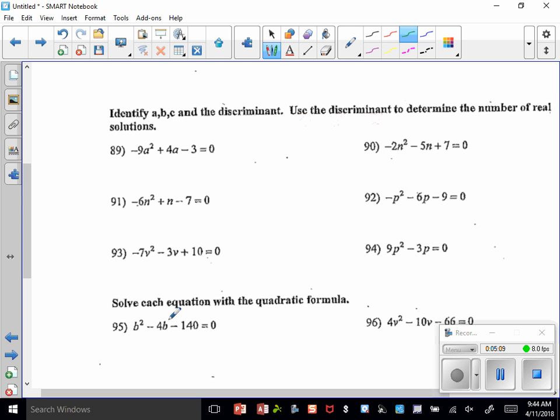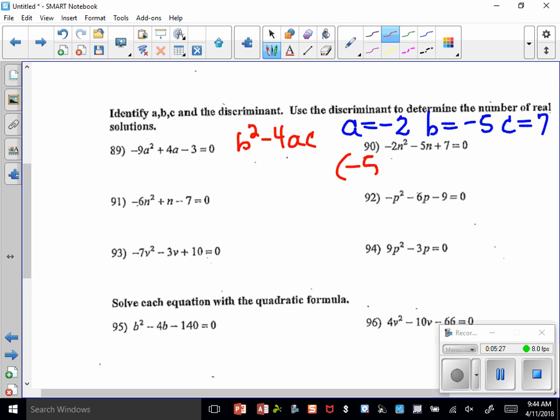In number 90, I'm going to identify A, B, and C. So A equals -2, B equals -5, and C equals 7. So b squared minus 4ac. My B term is -5, so I'm going to say (-5) squared minus 4 in parentheses -2 and parentheses C, which is 7.